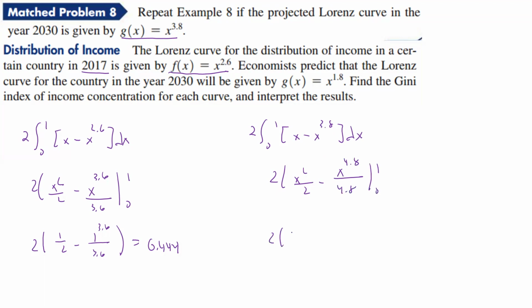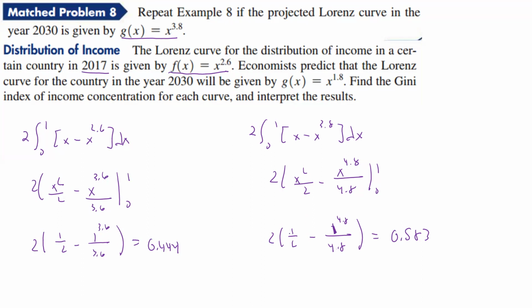And so we'll have 2 times 1 half minus 1 to the 4.8 divided by 4.8. Plugging in 0 gives us 0. Now if we plug in our 4.8 instead, we will get 0.583. And so that is our new index in 2030.